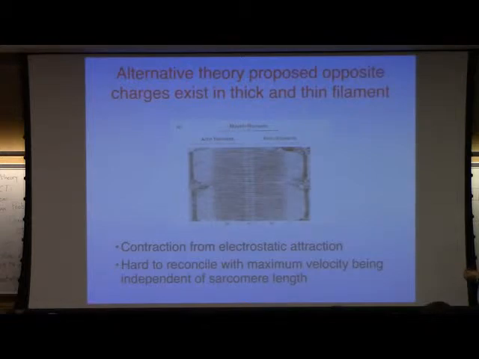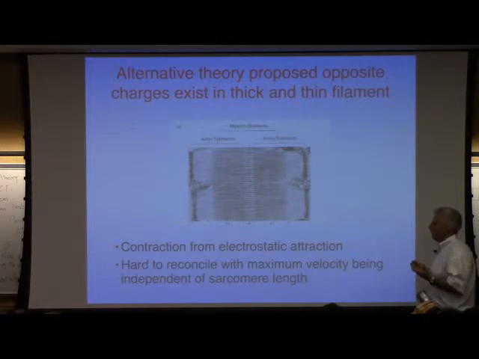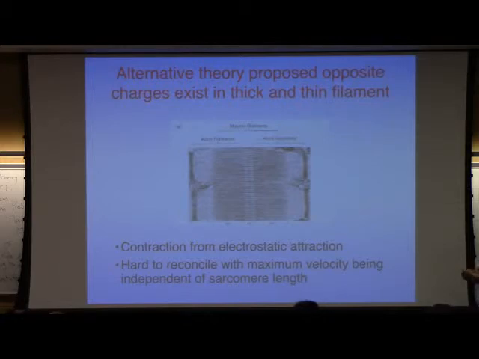Now, if you think back before people knew about active myosin, they could see the sarcomere. And really, people didn't know how muscles contracted. So there was this thought that maybe there were positive charges on the thick filament and negative charges on the thin filament, and there was some kind of electrostatic interaction that would pull the sarcomere together.